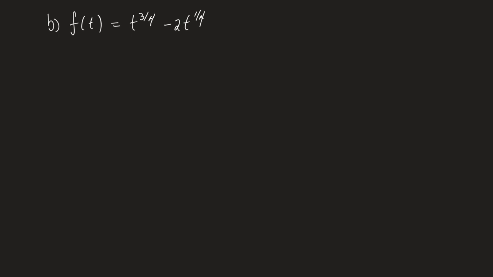Now let's find the critical numbers of this function. So first, let's get the derivative. So f prime t is going to be 3/4 t to the 3/4 minus 1, which is going to be minus 1/4, minus 2 times 1/4, which is 1/2, t to the 1/4 minus 1, which is minus 3/4.